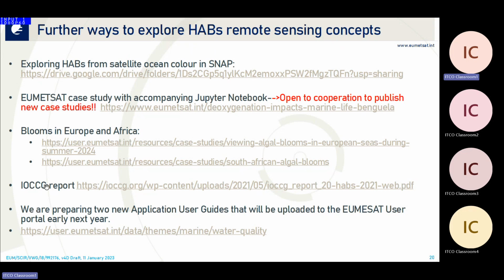You know that IOCCG has several very important reports, very pedagogical and on the state of the art of several topics on ocean color. And we are also preparing two new application user guides that will be uploaded to the EUMETSAT user portal too, on HABs in general and cyano blooms in particular, probably early next year.